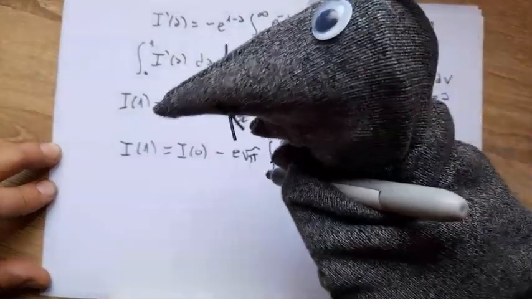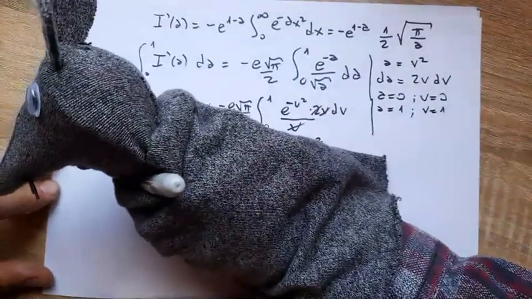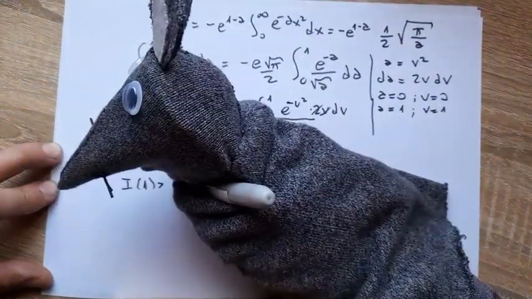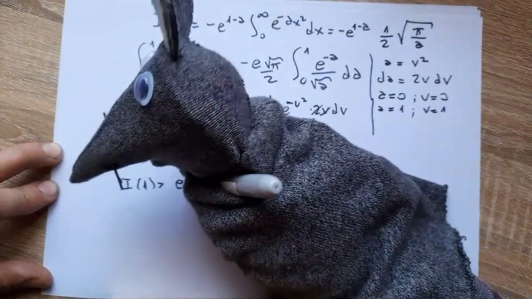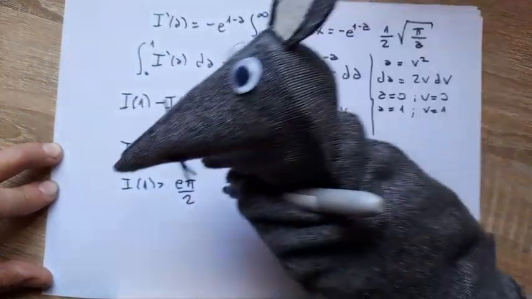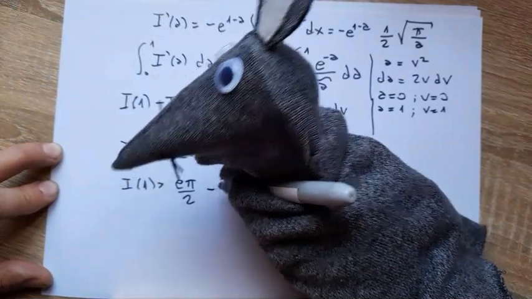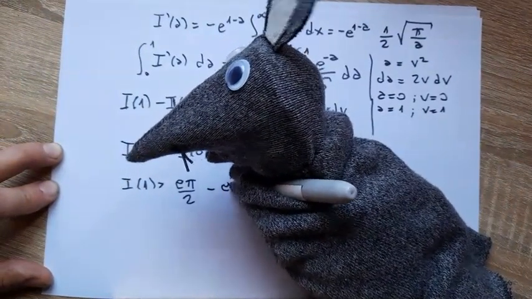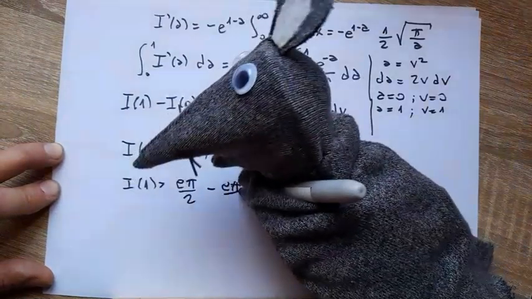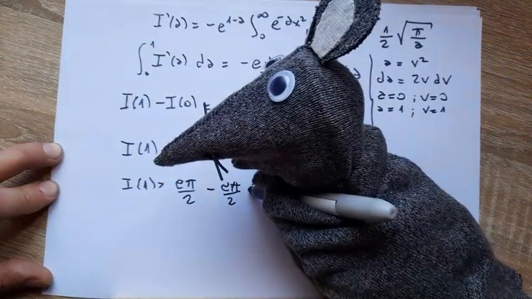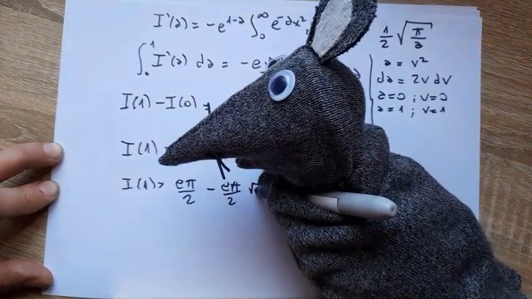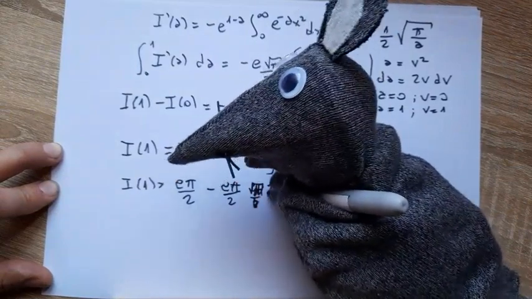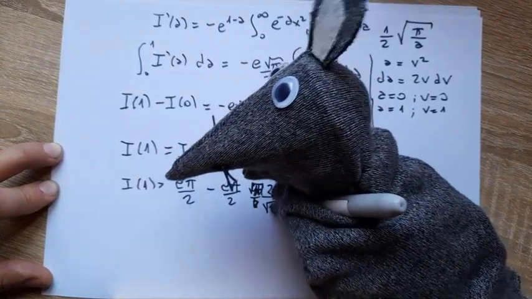Then we will replace I of 0 that we already calculated, pi over 2, and we take out a factor of pi over 2, and then we introduce the same factor, 2 over square root of pi.